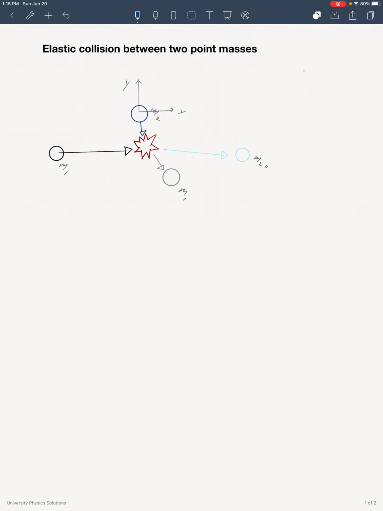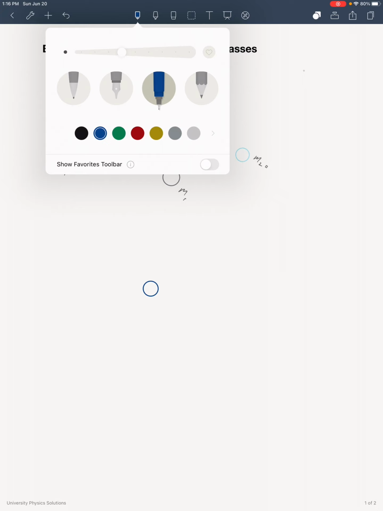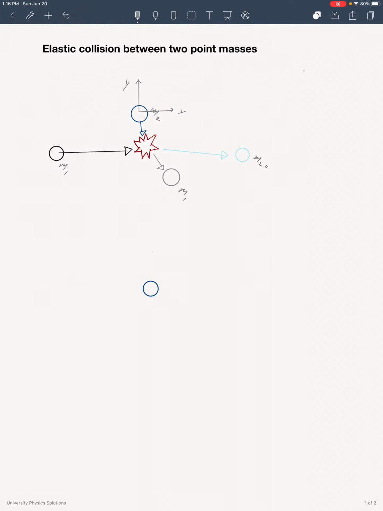I will have M2 here, but now because my coordinate system lies on top of M2, M2 would have 0 speed. It would just be stationary.